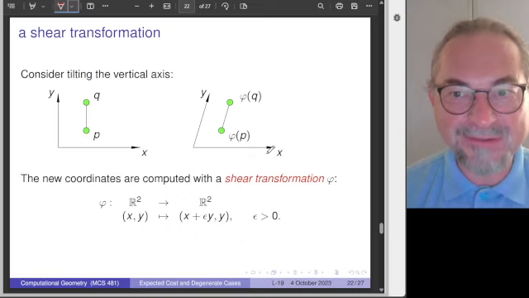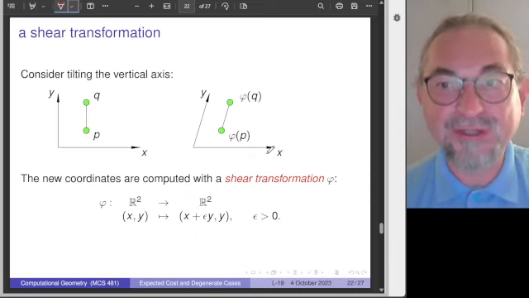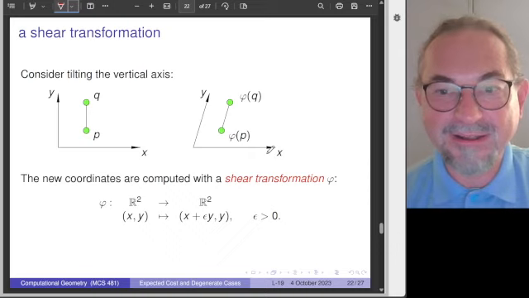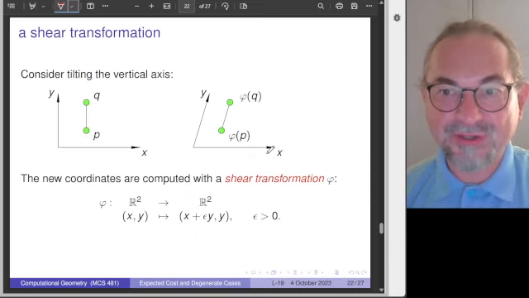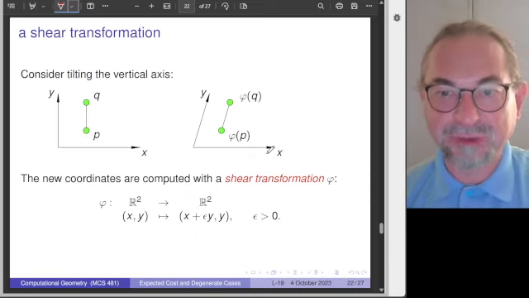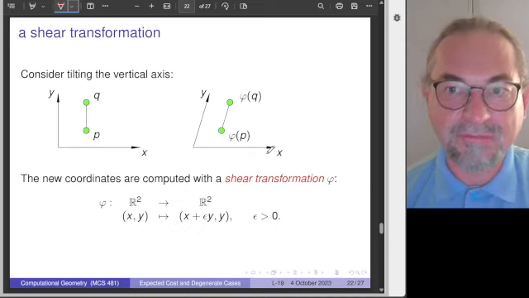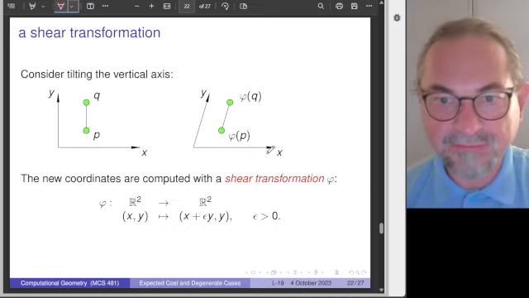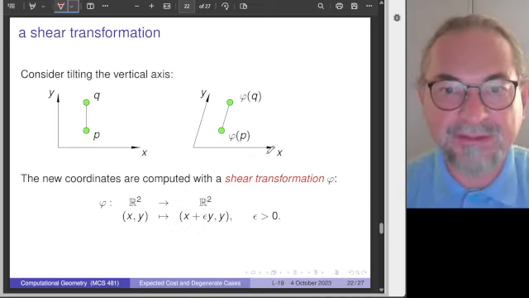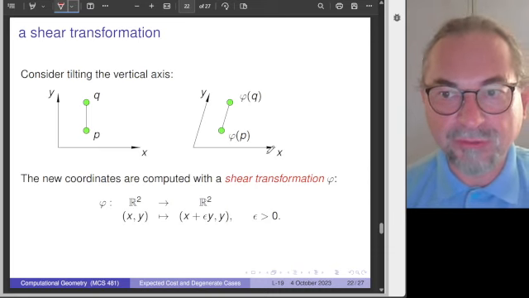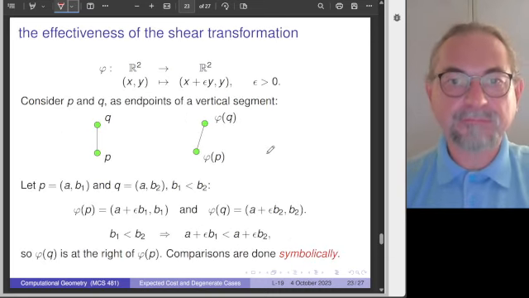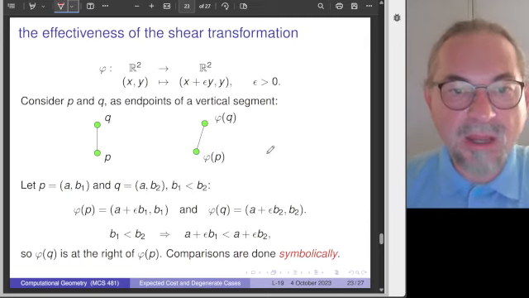And the epsilon, for people in numerical analysis, could be just of the size of the machine precision. So it's like a rounding error. You actually don't notice it. And we will work with that also symbolically. So here it is.